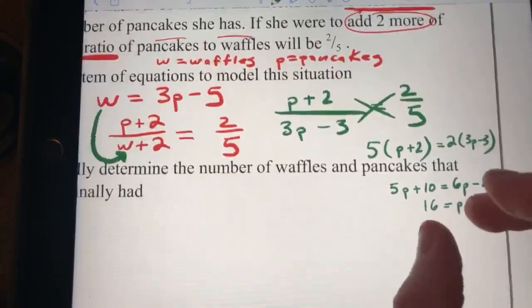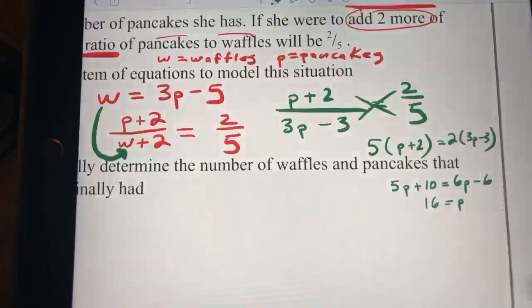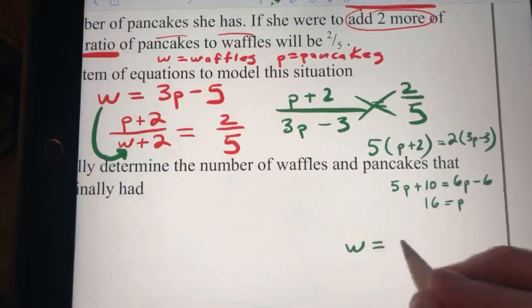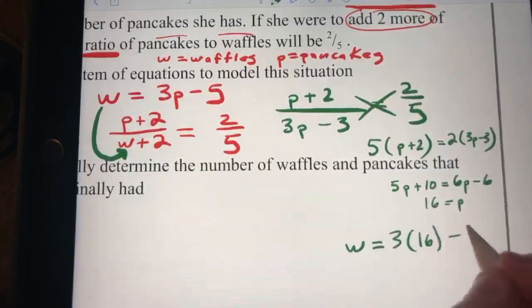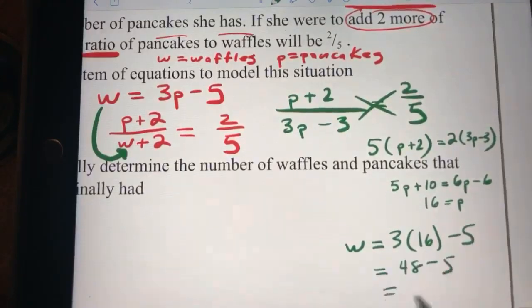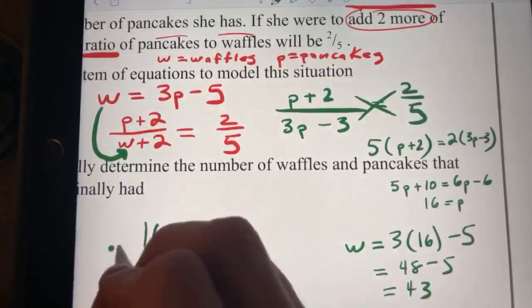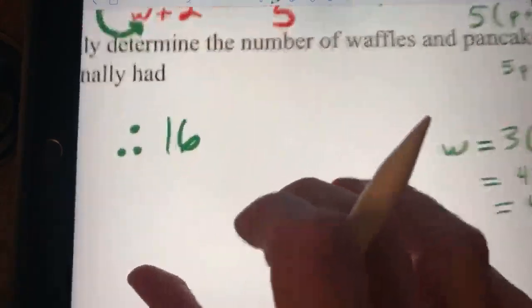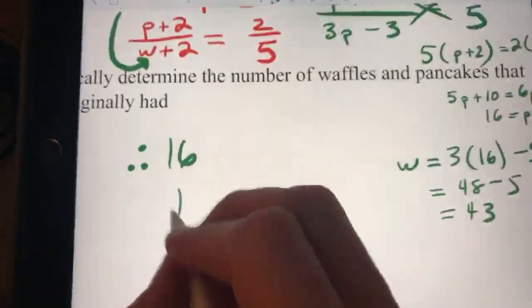Once we know P equals 16, we use the top equation: 16 times 3 is 48, minus 5 is 43. She had 16 waffles. And what did you say? 43 pancakes.